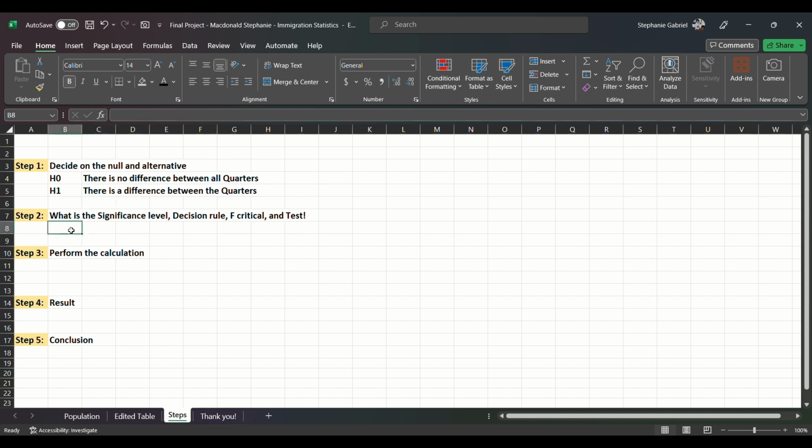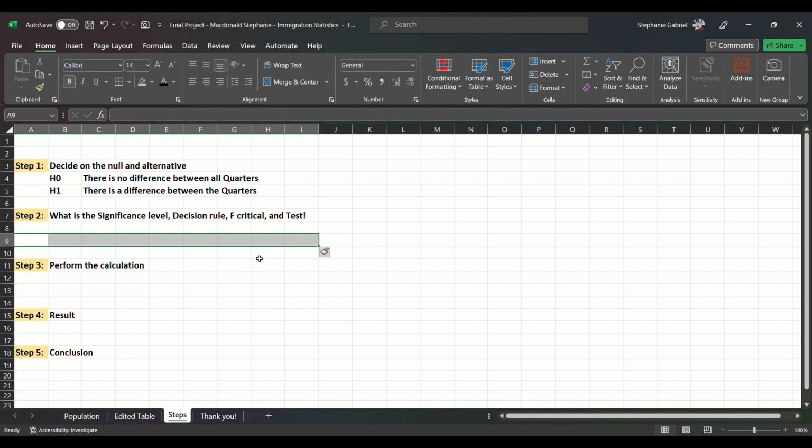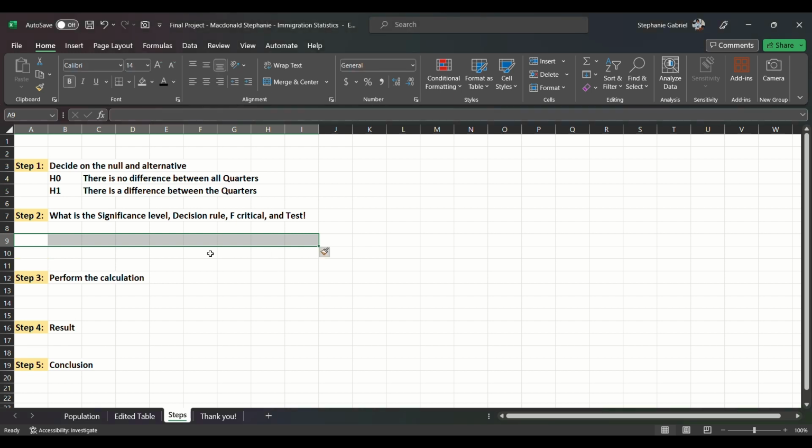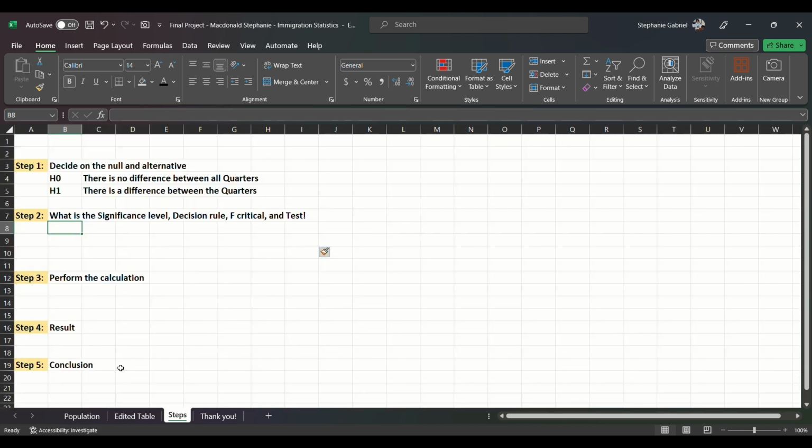Now step 2 is the significance level, the decision rule, the F critical, and of course which test. I'm just going to insert another row here, maybe one more because I think I'm going to run out of space. So the test, of course, is the two-factor ANOVA without replication test. For the significance level, we'll go with the industry standard 5%.